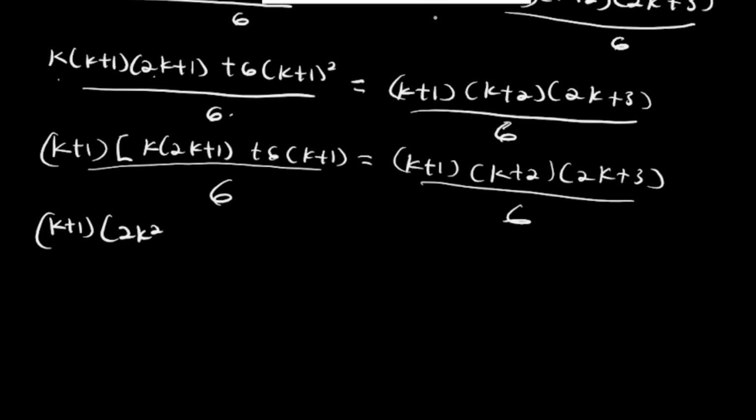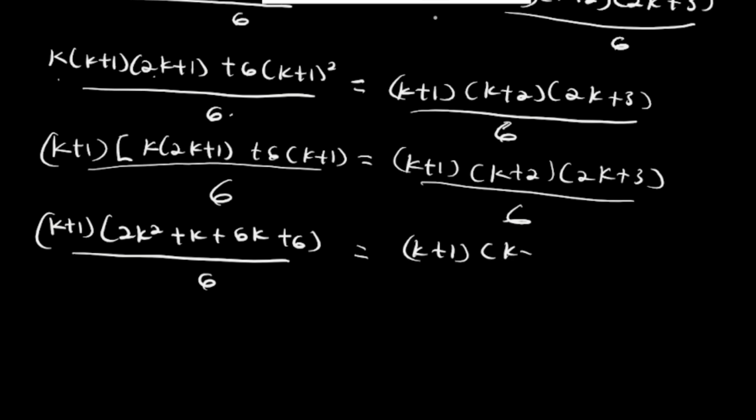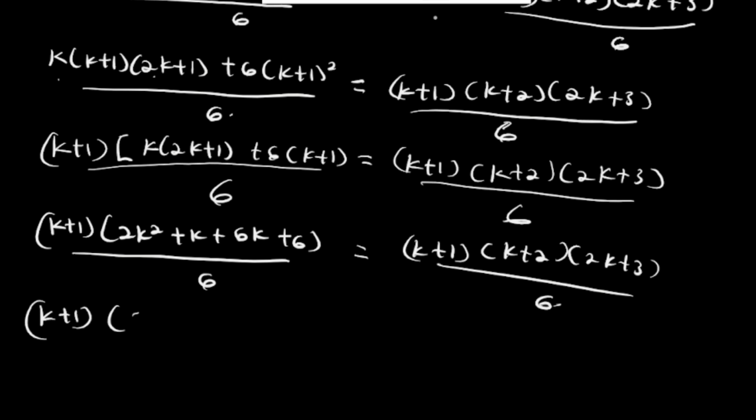So k times 2k is 2k squared plus k, plus this side is 6k plus 6, all out of 6 should be equal to k plus 1, k plus 2, 2k plus 3, all out of 6, right? So at this point, I will get here to be k plus 1 out, here to be 2k squared plus 7k plus 6, all out of 6.